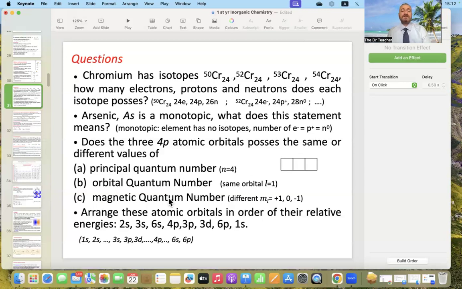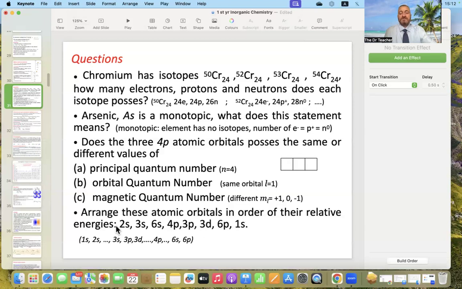The magnetic quantum number ML is different, maybe +1, 0, -1. And the spin is what we find if we have an electron, to determine how it is spinning.